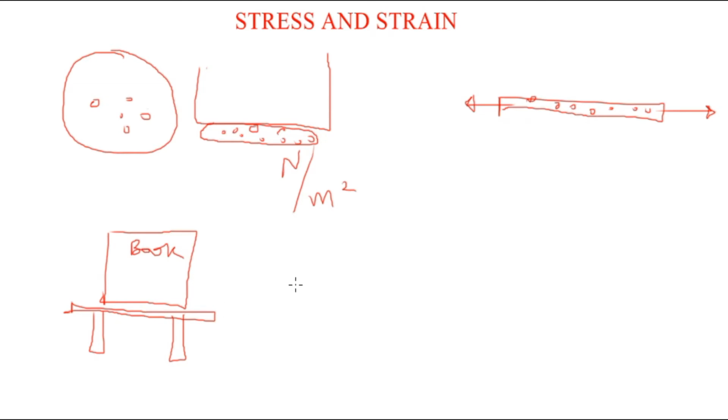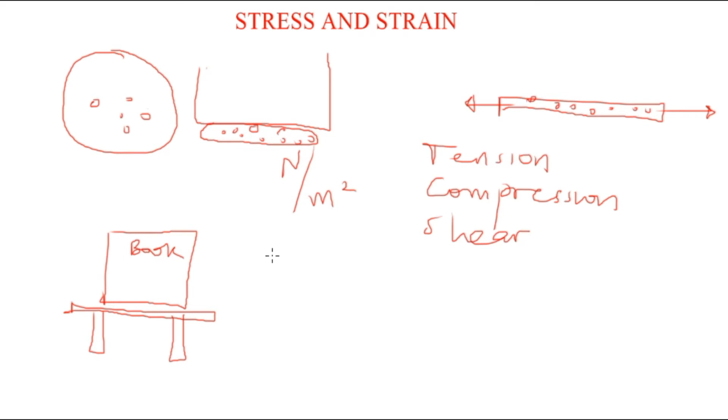Now, suppose that you exert tension on this book. We are considering the three classes of stress, which are the tension, the other one is the compression, then the shear. If you exert tension on this book, it will look like this.